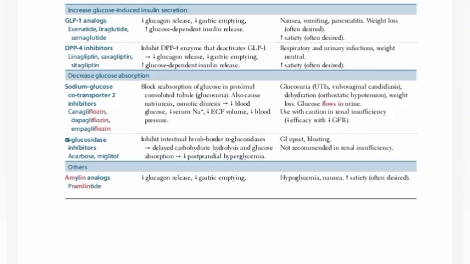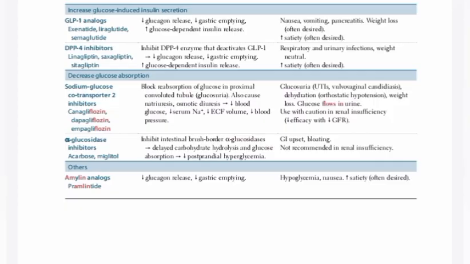So when SGLT2 inhibitors are used, glucose is not absorbed in proximal convoluted tubule of kidney, and glucose is excreted in urine, so it's glucosuria. The SGLT2 inhibitor drugs are empagliflozin, canagliflozin, dapagliflozin.